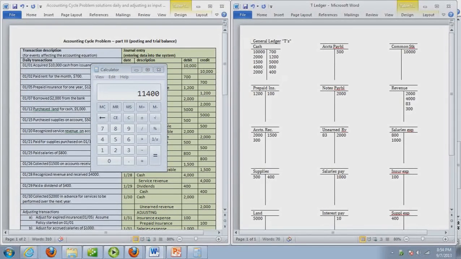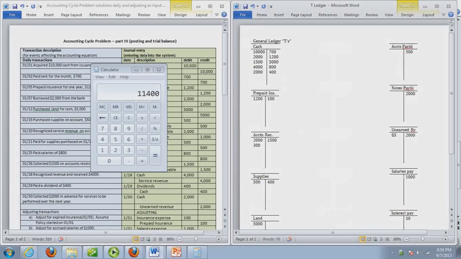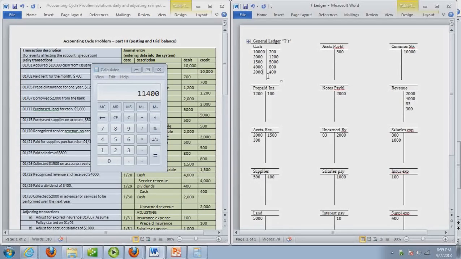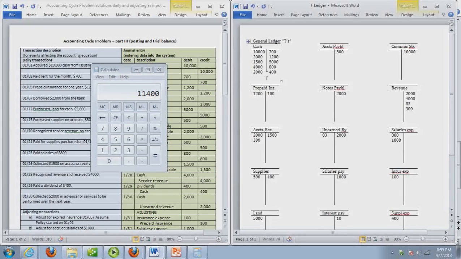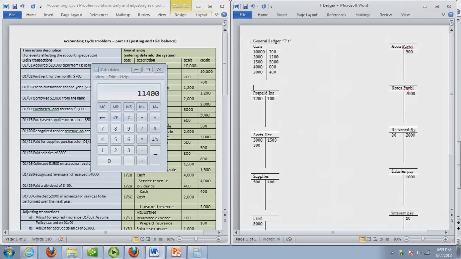So let's come down here, and I'm going to, whoops, I don't want to do that. Let's see. Not sure why it's doing that. Huh, I didn't have this problem earlier.